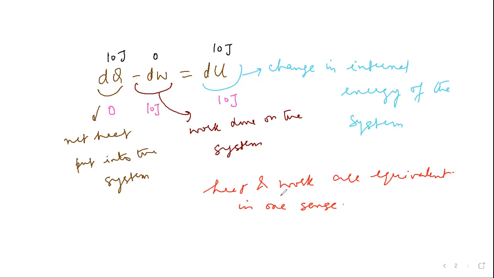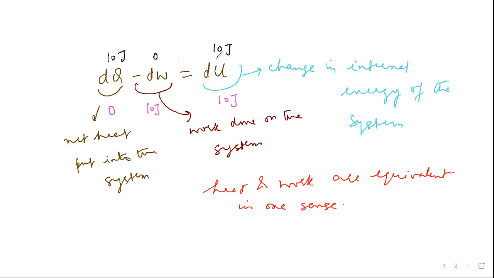So in this sense, heat and work are equivalent. That means if I want to increase the internal energy of a system by some amount, here I have taken 10 joule, I can either put 10 joule heat into it, or I can do 10 joule work on it.